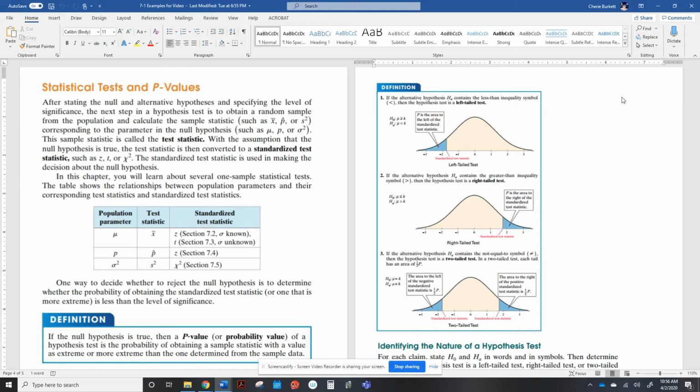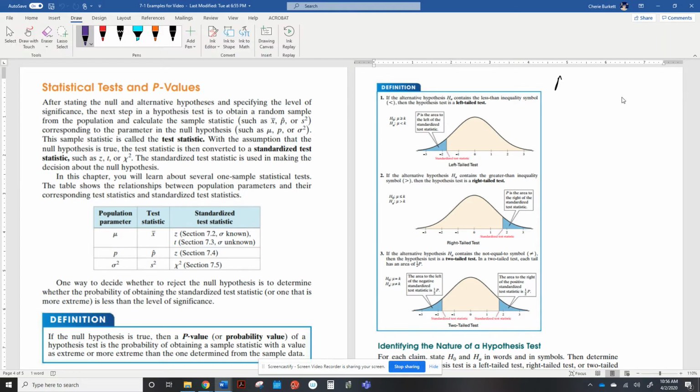I want to write this down to make sure you hear me. Let me do it like this. H sub A, the alternative, is what determines the kind of test.